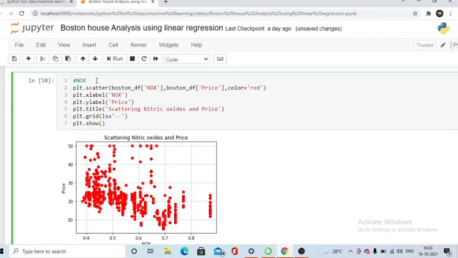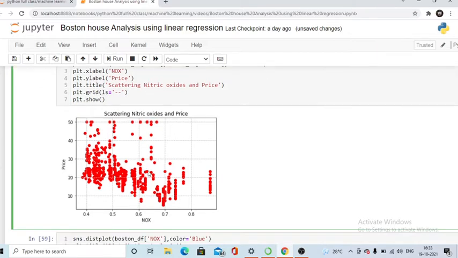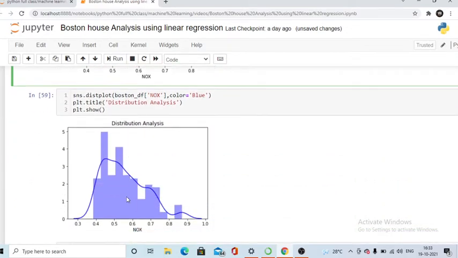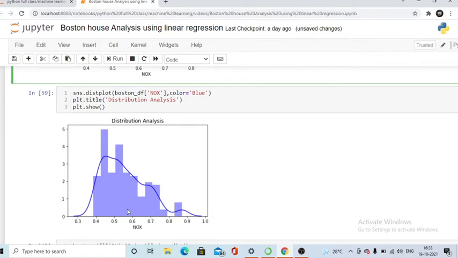So these are all features you will look at at the time of buying a house. Okay, so scattering the nitric oxide and price, this is my visualization of this part. You can also do the distribution part, and you can see the distribution is also very good, but here you can see some more outliers are available.